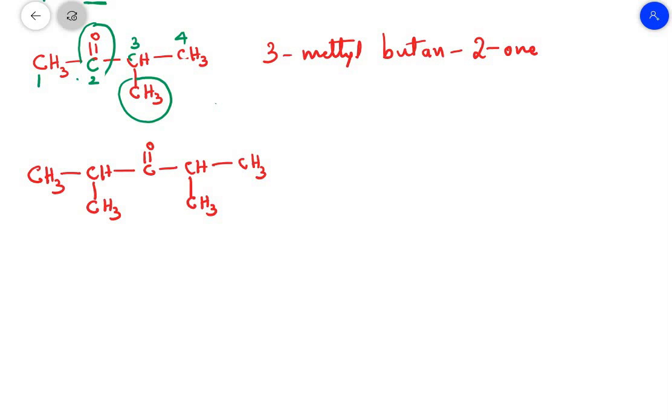And when we write the numbering, either you come from left hand side or you come from right hand side, this carbon will be having number 3 only. So therefore 1, 2, and here it is already written 3, 4 and 5. But at second position we are having methyl group, and at fourth position we are having methyl group. These are acting as a substituent.